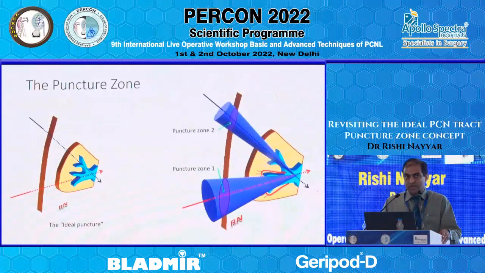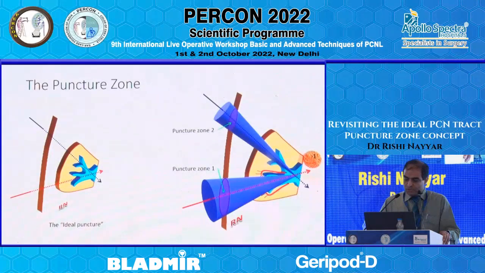And if the calyx is wide, this puncture zone would be wide. If the calyx is narrow or long, the ideal puncture zone available for puncture is going to be narrow. This puncture zone also allows the puncture tract to be correlated to the manipulation zone it is able to provide.